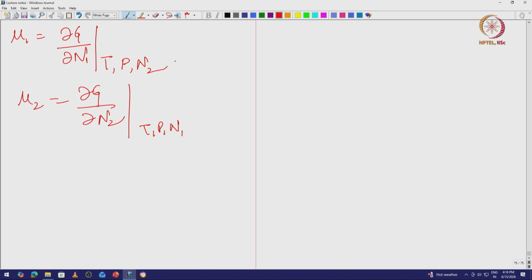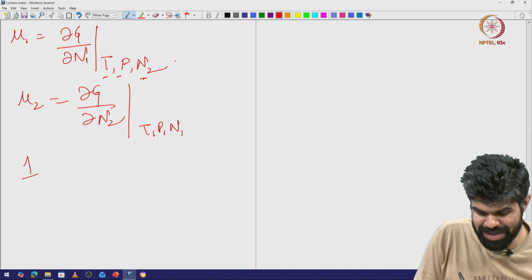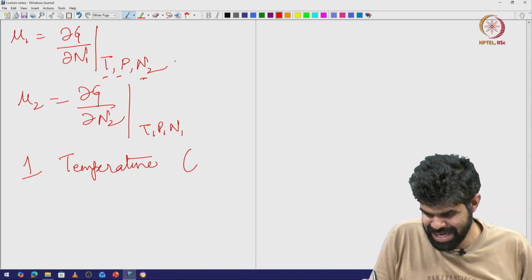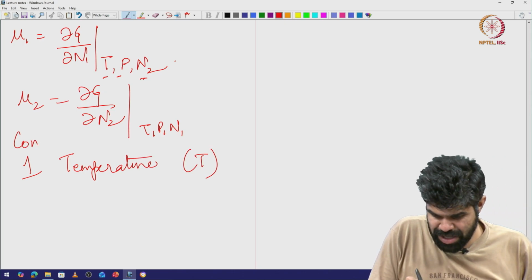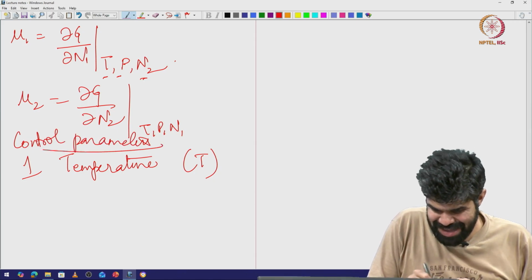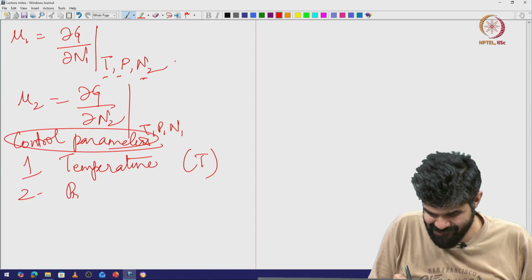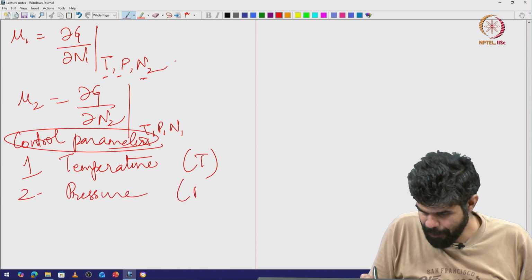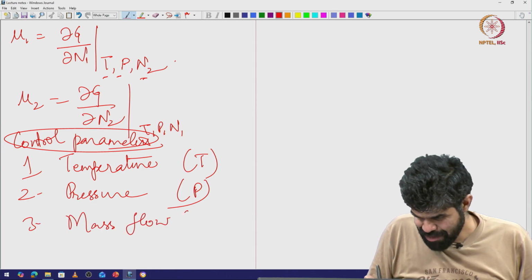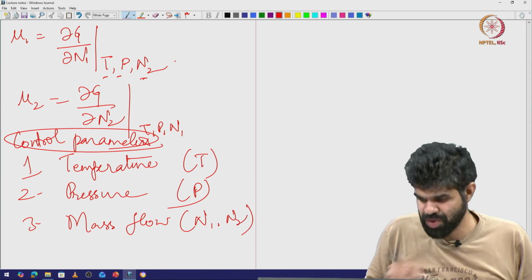Now, why is this important? Because typically I can control temperature, I can control pressure, right, and I can also control mass flow independently, right. So, in real processes I can control temperature, which is T, control parameters, I can control pressure, I can control the mass flow, by which I can control N1, N2 and so on, right.